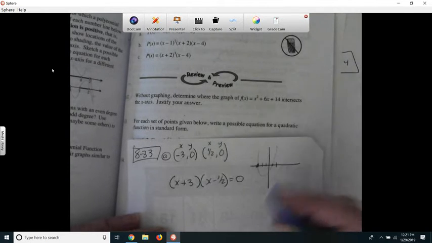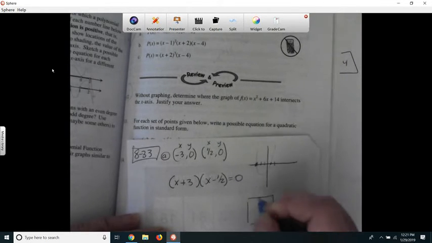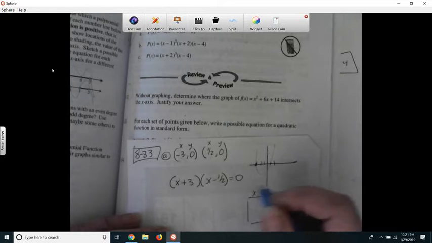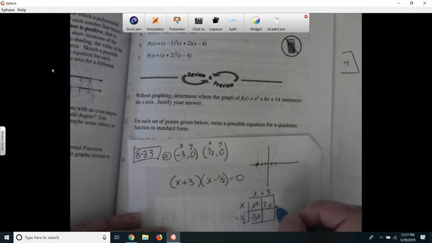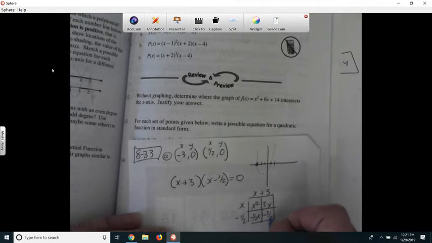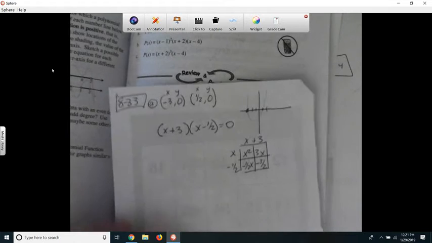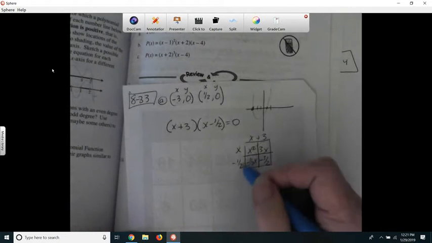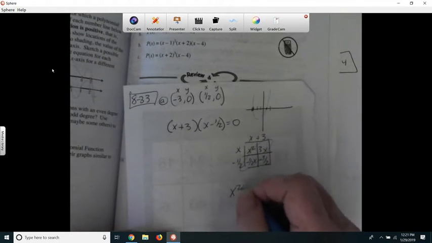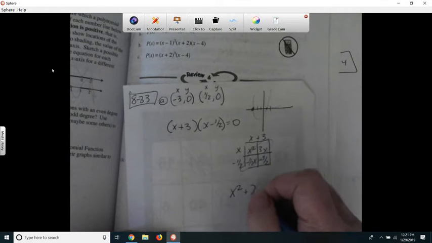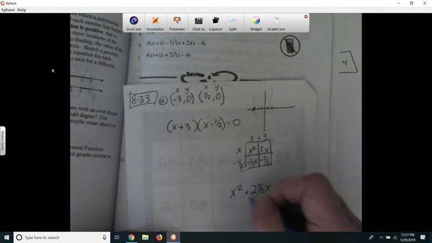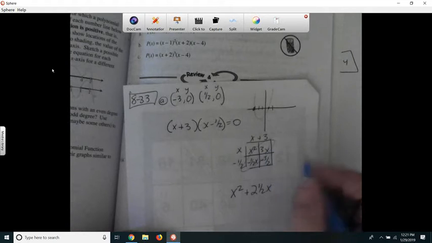I don't usually FOIL, I usually use this area model. So this is x squared, 3x, negative 1/2 x, and negative 3/2. And if I add those two together, I get x squared plus 5/2 x minus 3/2.